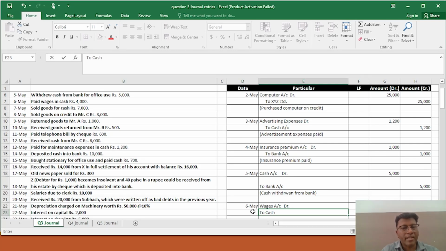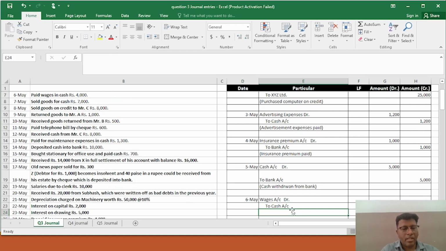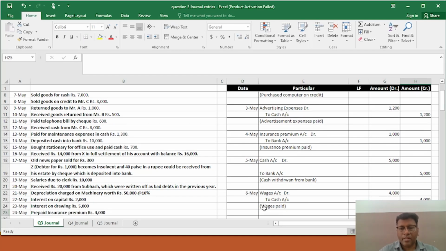Because cash is a real asset, this is a real account matter, and you have to mention it to cash account. Okay, and what would be the narration? The narration is wages paid, right? And what is the amount? 4,000 as per the transaction given to you, so you have to mention 4,000, right?